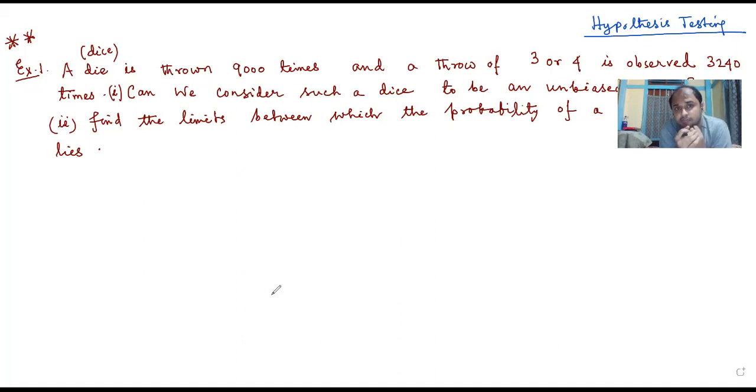Can we consider my dice to be an unbiased one, or should we consider the dice to be a biased die?